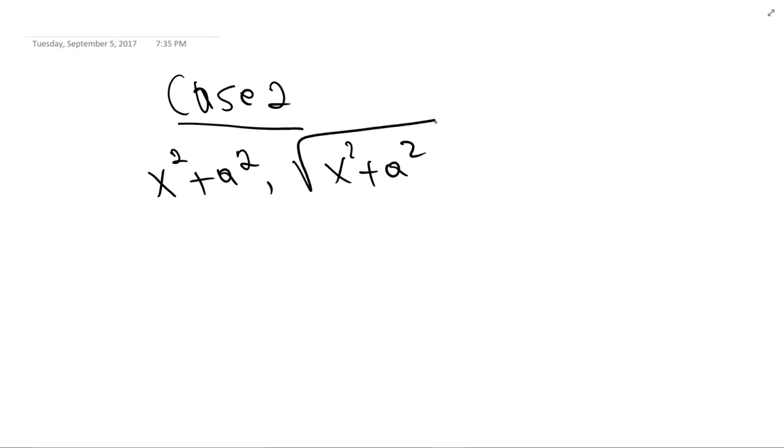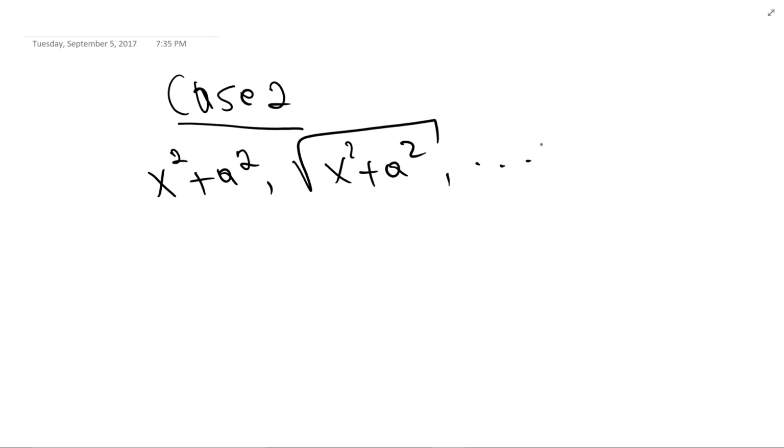For case 2, we will discuss integrals that involve expressions like x squared plus a squared, and you take the square root of that, and so forth. When we see something like this, we will have to find the trigonometric substitution.